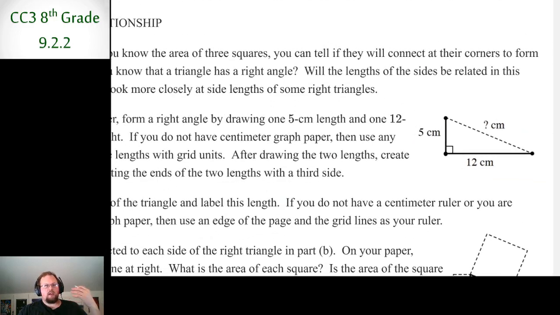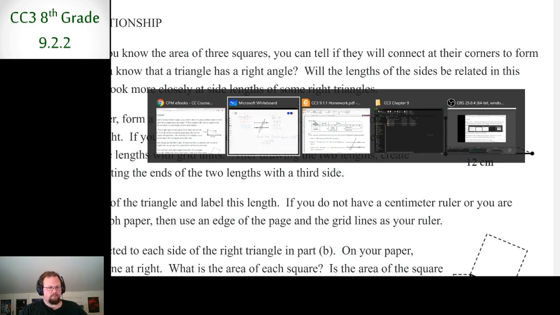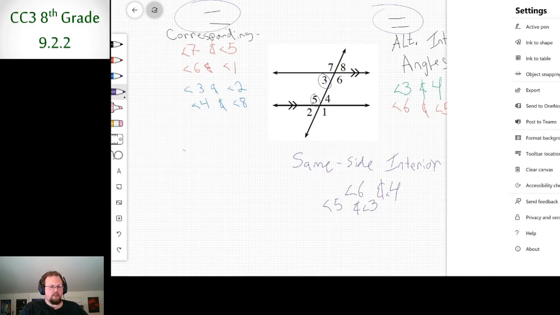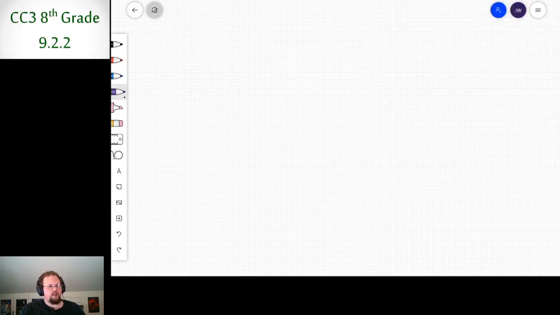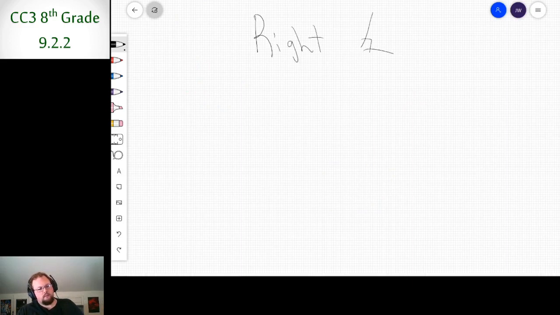If you are given a right triangle specifically, and again, focus on the details to this. If you are given a right triangle, then you can solve for a missing side when you know two of them.